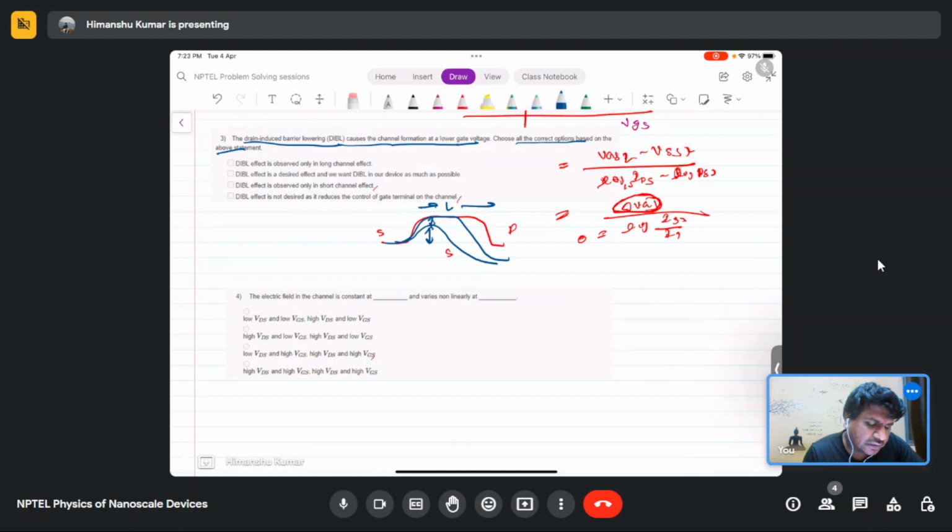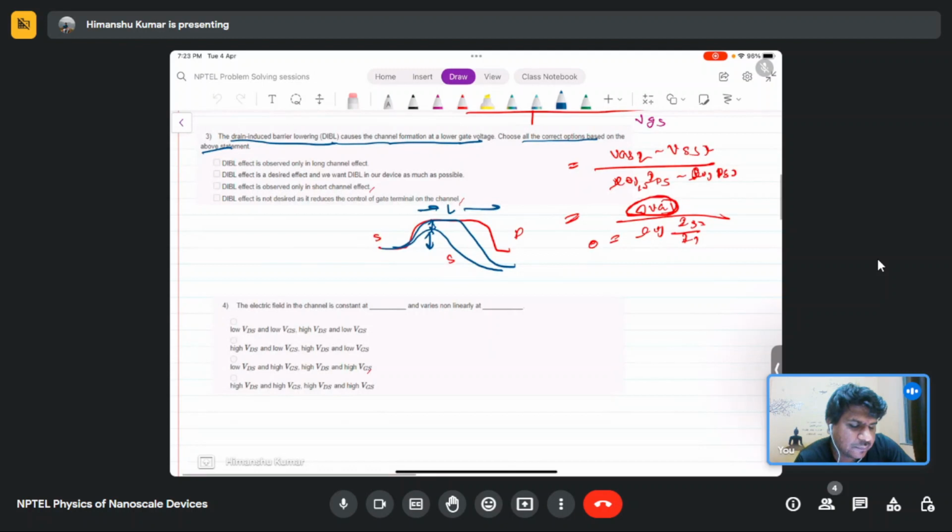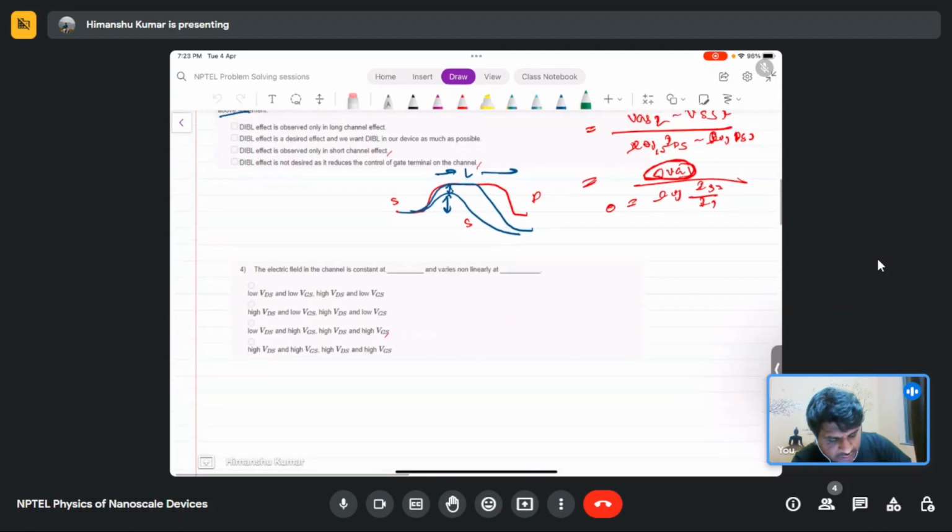The gate voltage should not be controlled by the drain voltage, because the drain can have any voltage. Suppose you have 10 devices, and on those 10 devices the drain has different voltages, then the threshold voltage for all 10 devices will be different. That is one detrimental thing. It changes how your circuit will behave, different from the ideal you expect. And in the ID-VGS characteristics, the curve shifts in the left direction.